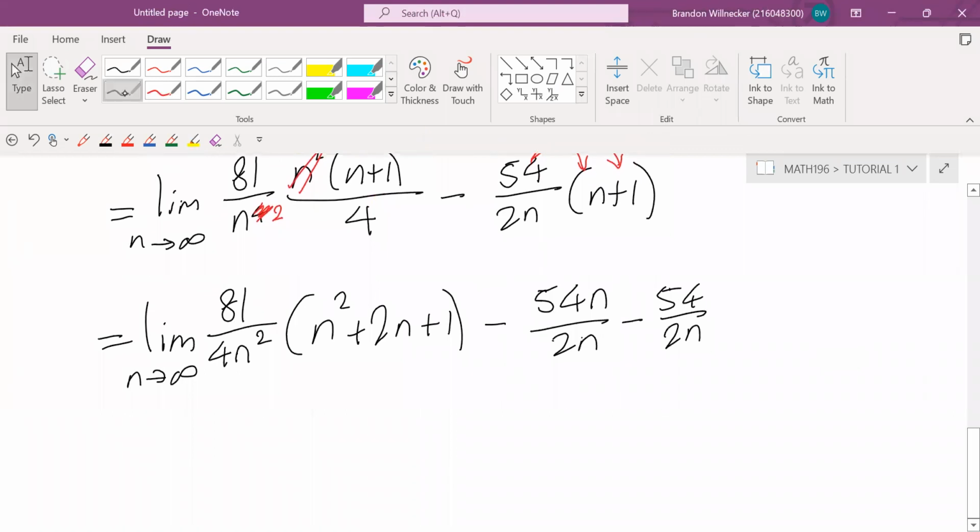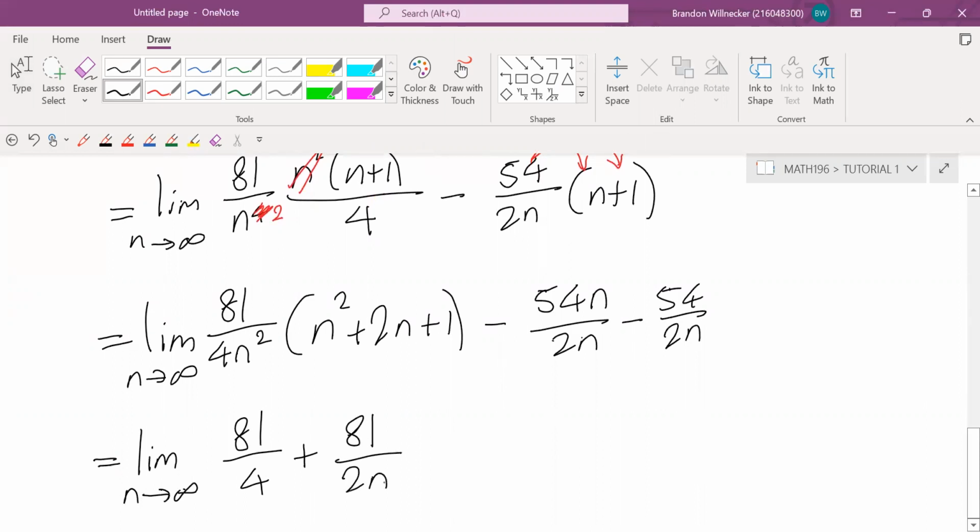Okay, so we can do a bit more simplifying here. So this will be the limit as n goes to infinity. So this first one, 81 over 4n squared times n squared, we're going to get 81 over 4, because the n squareds are going to cancel. And then for the next term, we're going to get 81 over 2n, because the 2n divided by the 4n squared is going to give us 2n in the bottom.